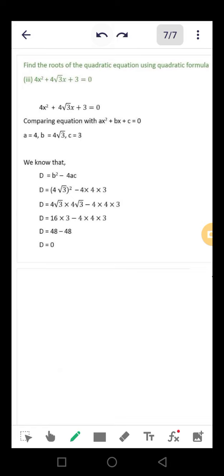So d value is 0. Putting this in the formula now, minus b plus or minus under root d by 2a. This is the quadratic formula. What's minus b? What is b here? 4 root 3. Put it in the formula, minus of 4 root 3 plus or minus, the d value we got as 0, so we'll write 0 here, by 2a.